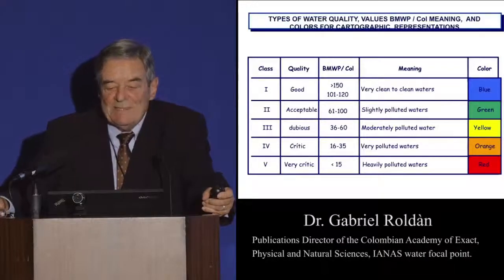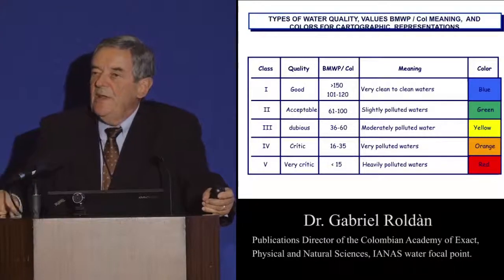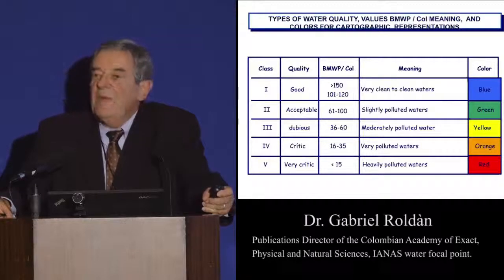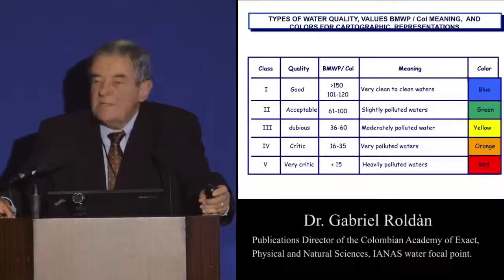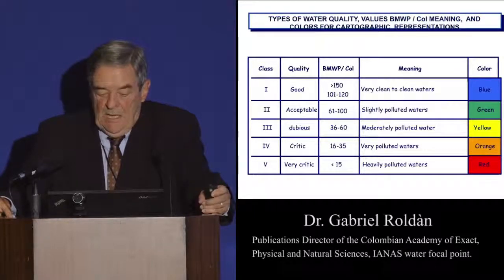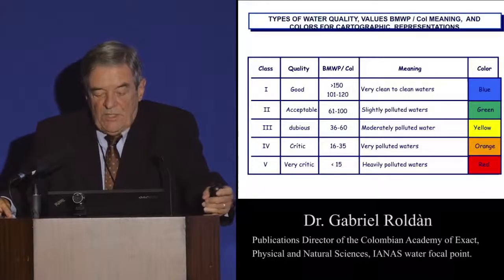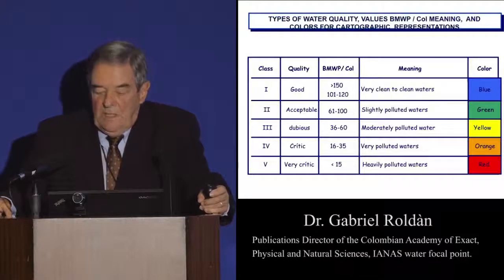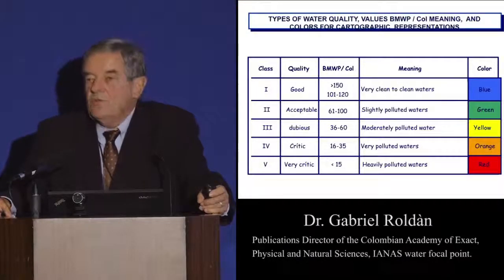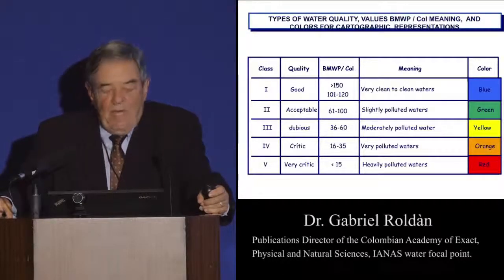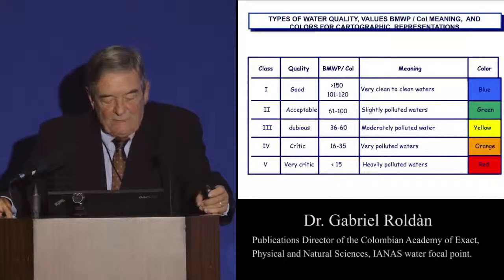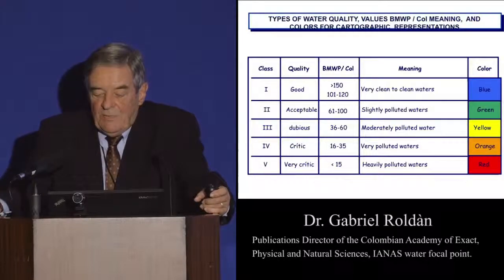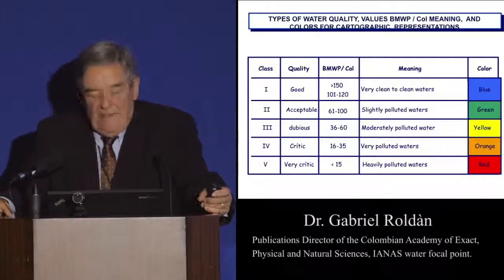Through these bioindications, we categorize 5 classes. Class 1 is good quality, with a score above 150, and the color we use for representing the maps is blue. Class 2 is a condition of acceptable water, slightly polluted water, and we represent it by green.